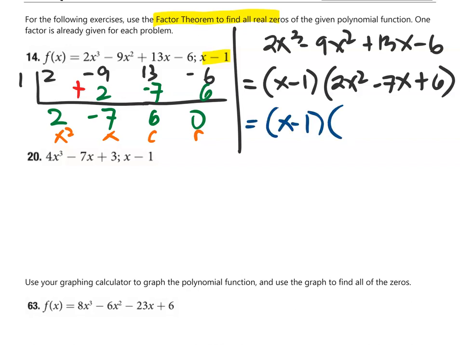x minus 1, 2x squared, so that's 2x times x. And then what are the possible factors of positive 6? That's negative 2 and negative 3. So you can check if that is correct.